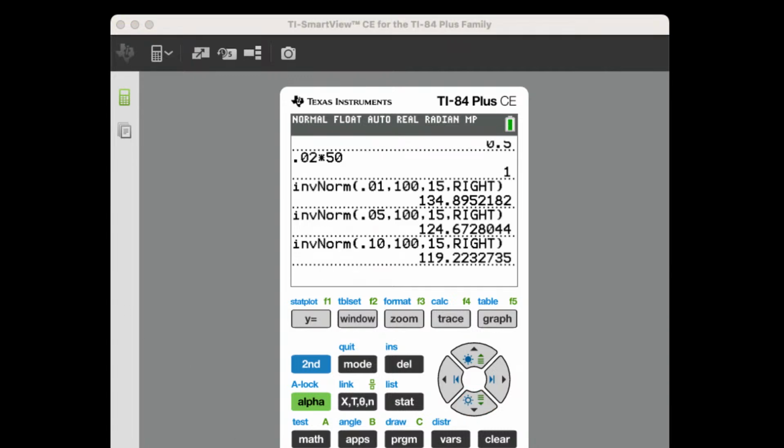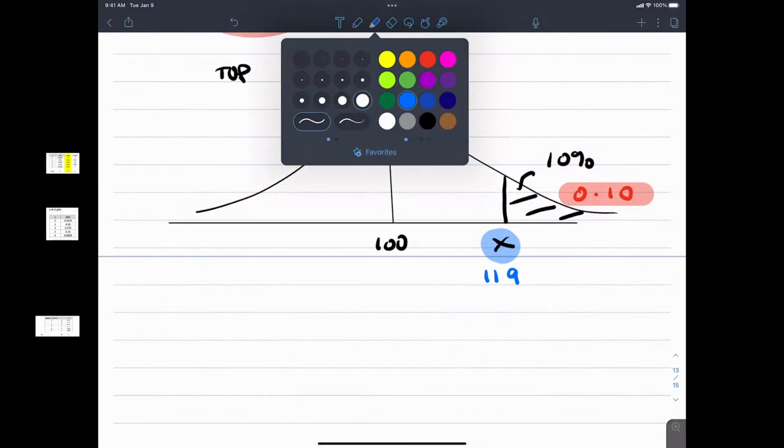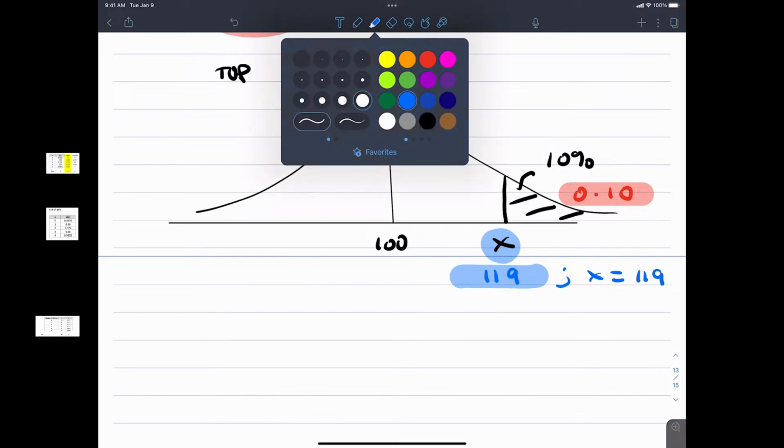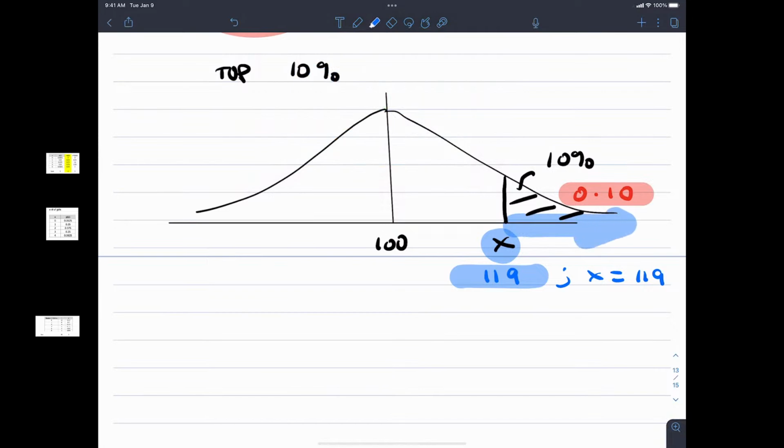So what IQ score represents that to the nearest whole number? Yes, 119. So you can say, X equals 119. Same thing. Anybody that has an IQ score of at least 119, you say they're in the top 10% of IQ scores.